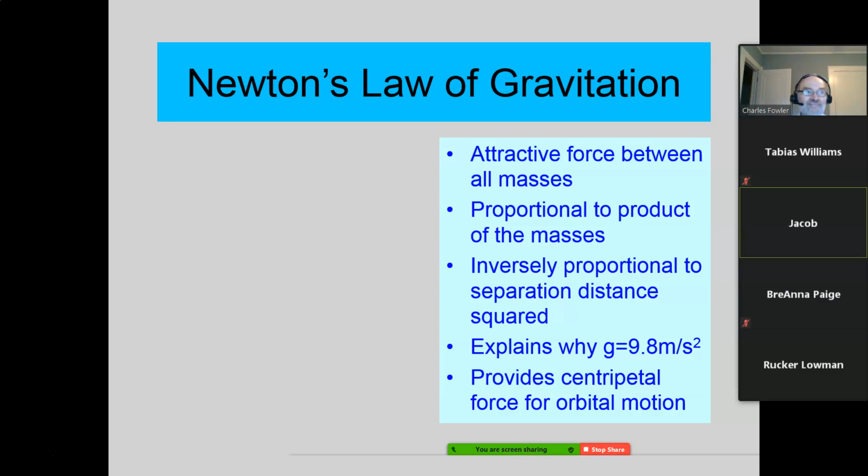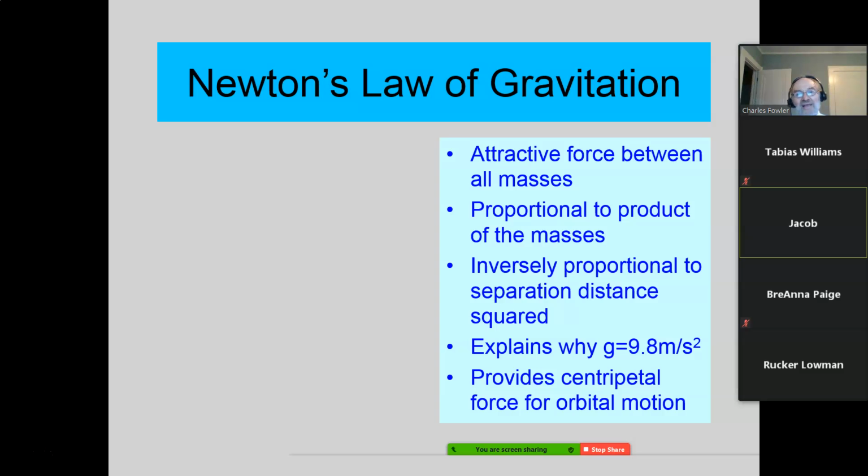Isaac Newton, brilliant man that he was, not only did he come up with 3 laws of motion, not only did he come up with a brand new field of mathematics, the calculus, not only did he explain why planets move around the sun and describe that really well, this was part of his Newton's law of gravitation.